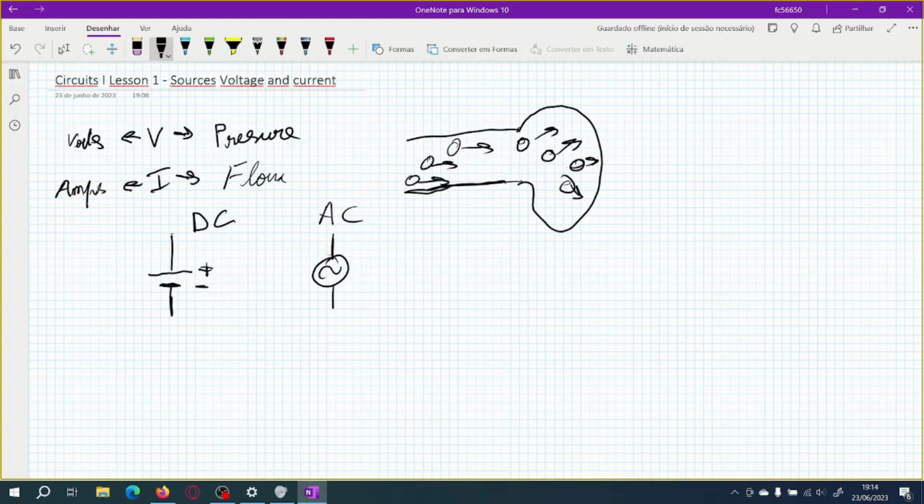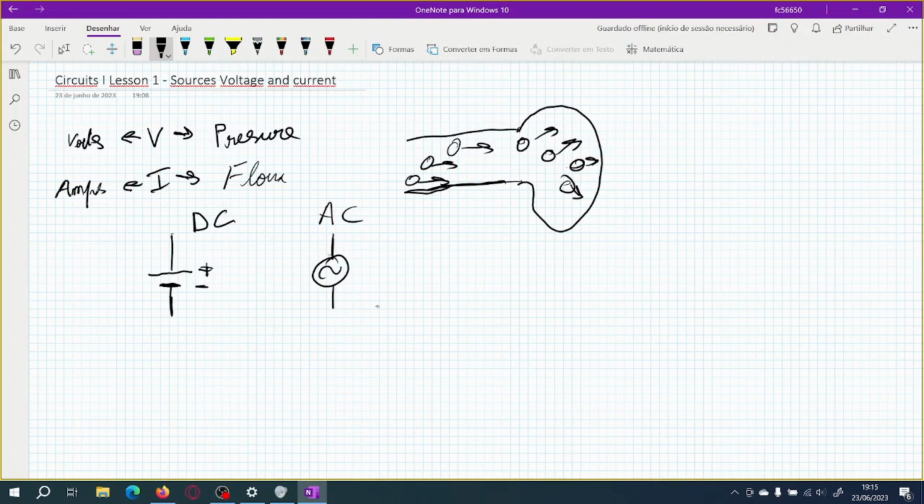The characteristic of a voltage source is that, unless we have a resistor or some component that can tell us, we don't know the current that flows through the source, but we know the voltage across it. It doesn't matter the value of the current that flows through it; we have that fixed voltage across it.